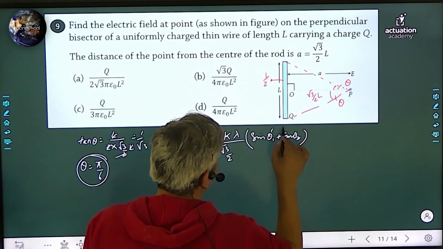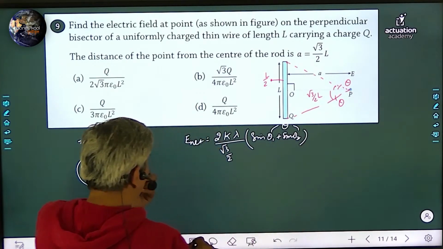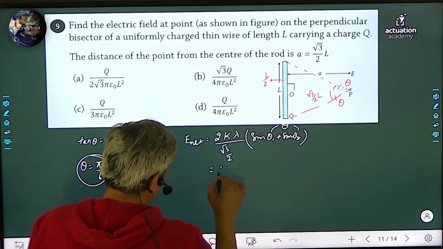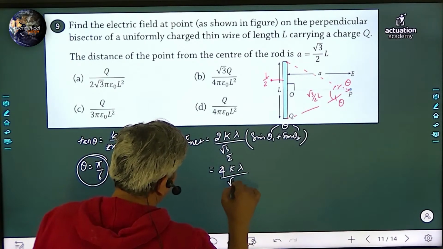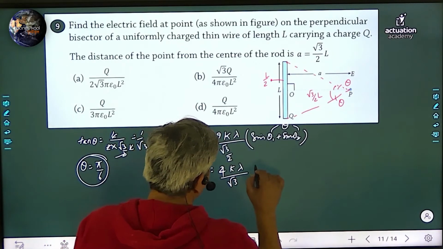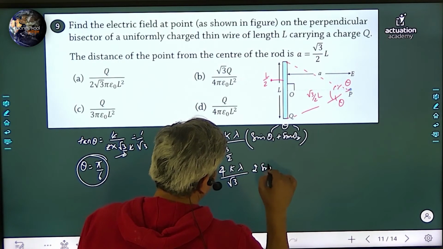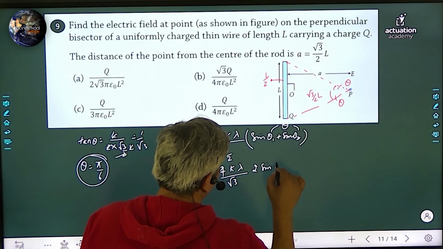But here theta 1 and theta 2 are both equal to theta. So we can write this as 2 twos are 4 k lambda over root 3, and this is 2 times sine theta, which is pi by 6.